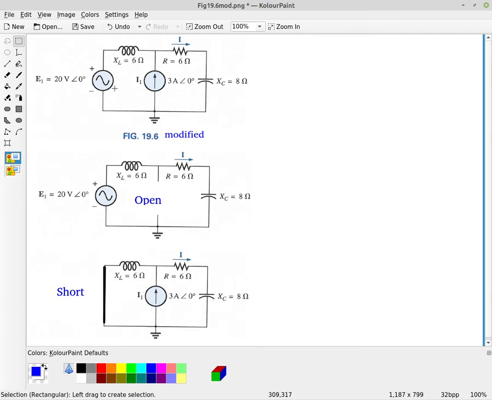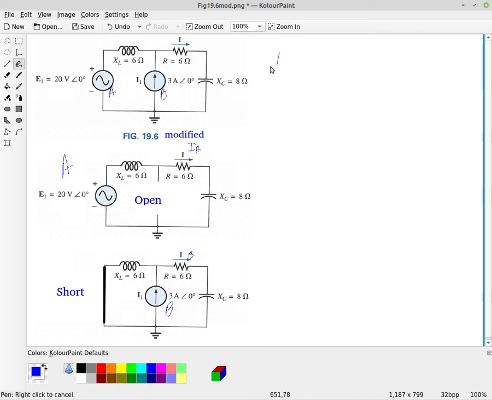So again, we have the supply A and the supply B. This is for supply A, so we're going to find the current IA, and this is supply B, so we're going to find the current IB due to the B source.